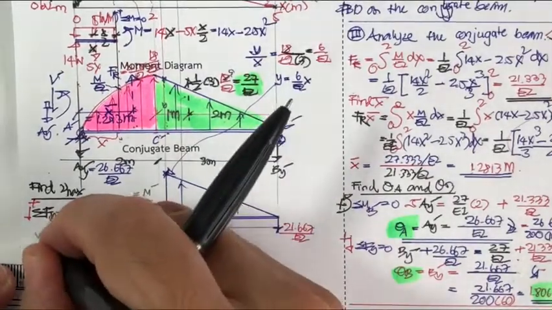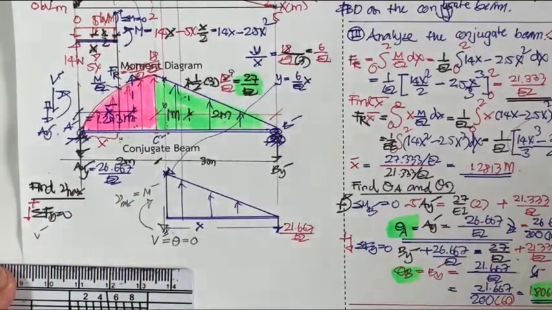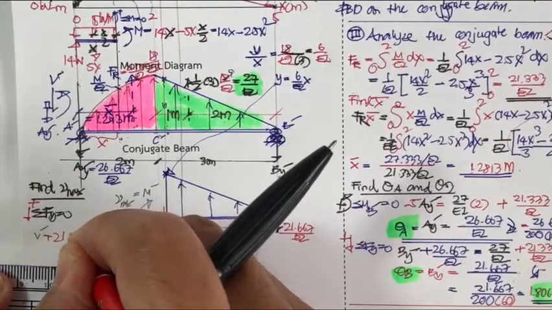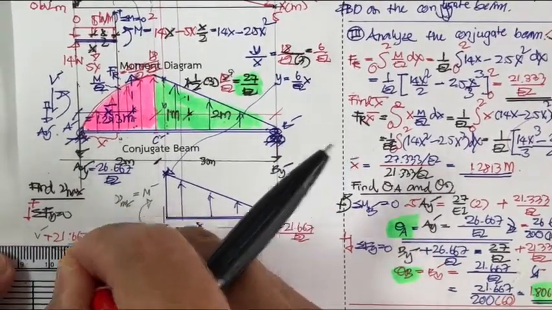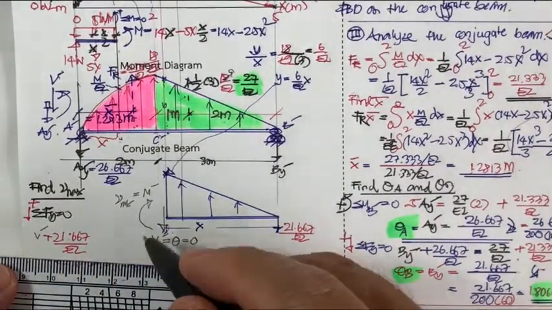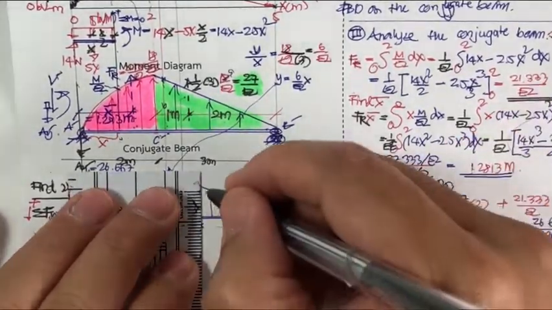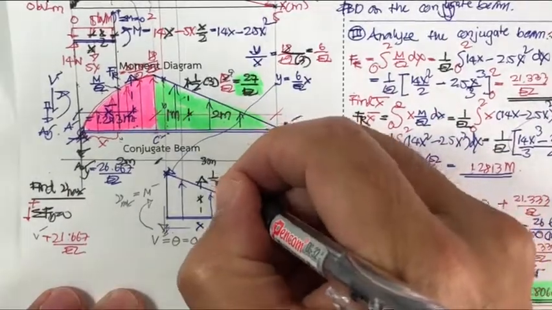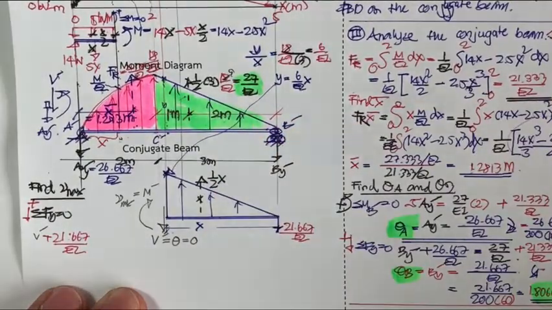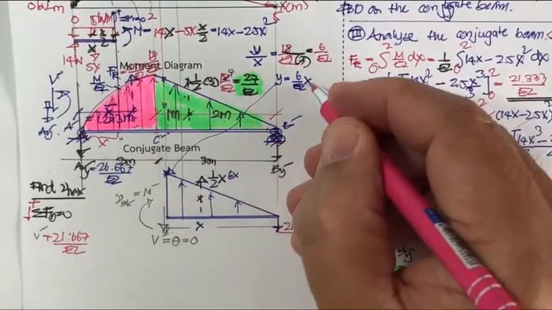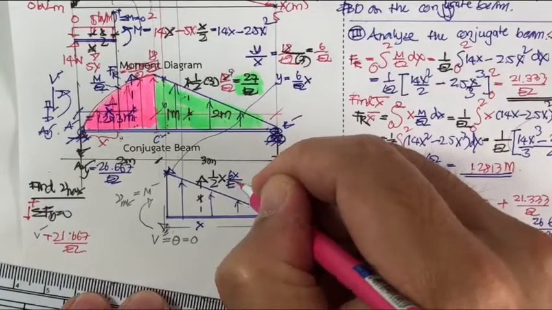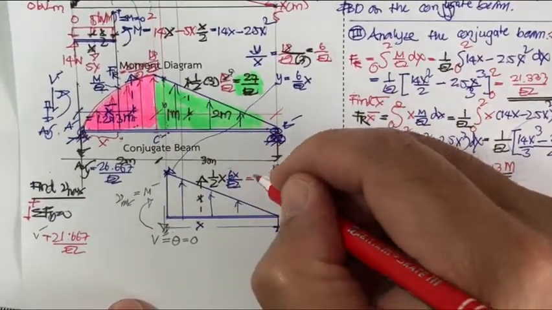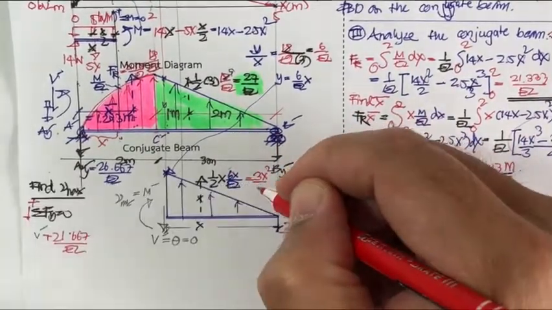Our V prime is downward, so it's going to be plus 21.667 divided by EI, downward, and then we have 1/2 times x times 6x over EI, which is 3x squared over EI.